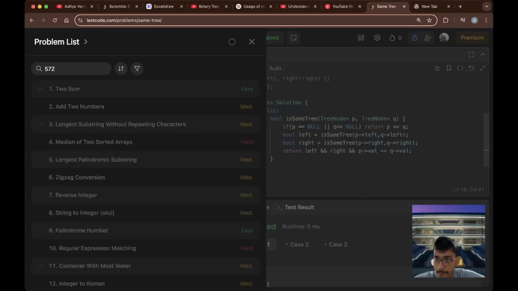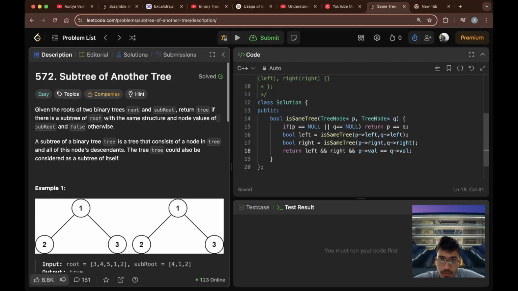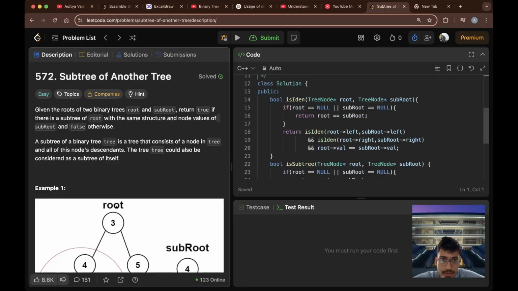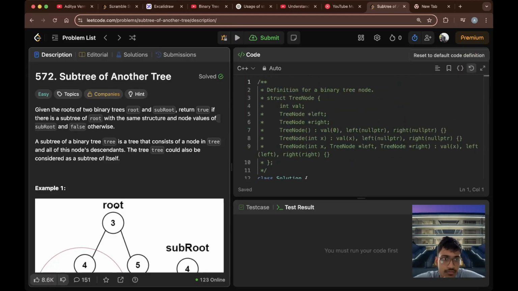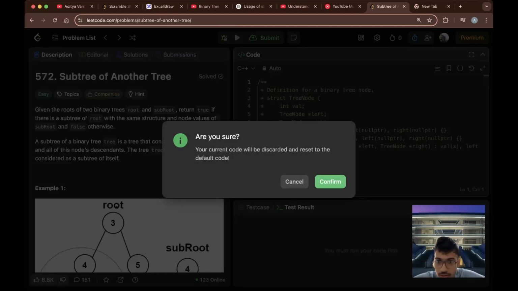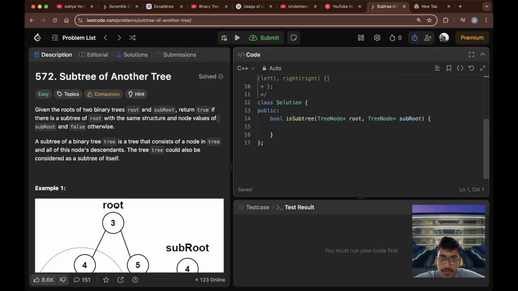I have already written one, but let's try to code it again. Let's understand this.